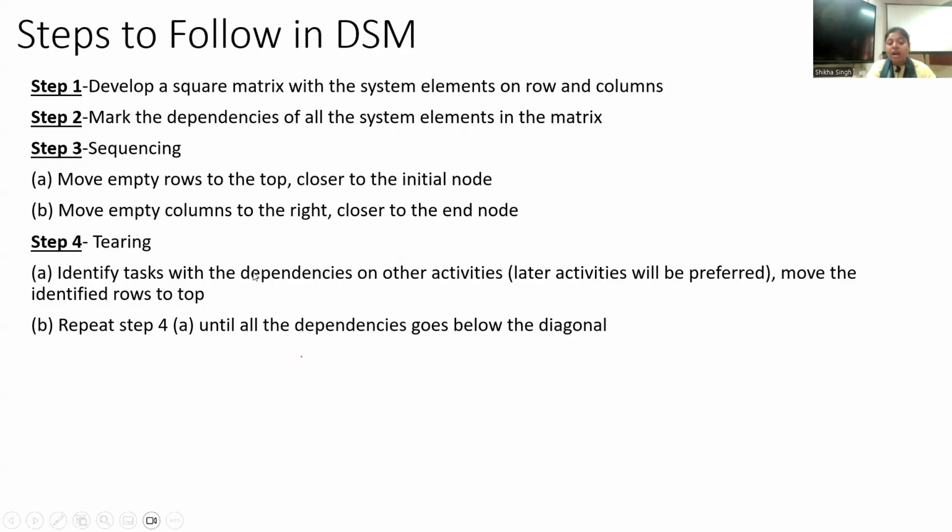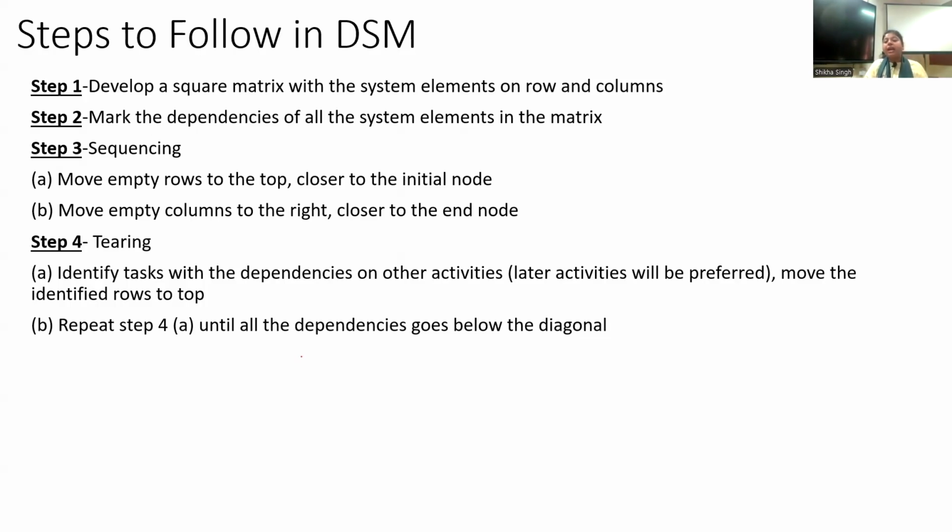So here in the pairing step, we identify the task and its dependencies on other activities. Later activities should be preferred. It means, let us say X is dependent on W. So that relation we'll try to discover or uncover first. And those particular rows will be moved towards the top, right?